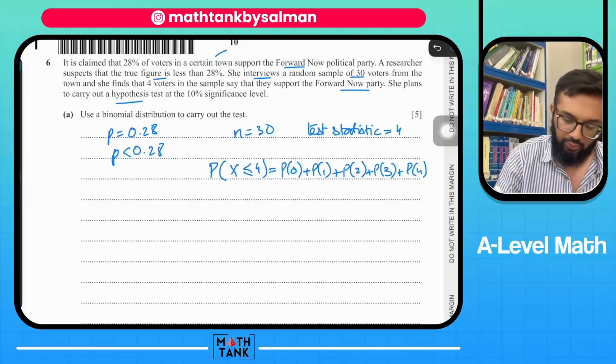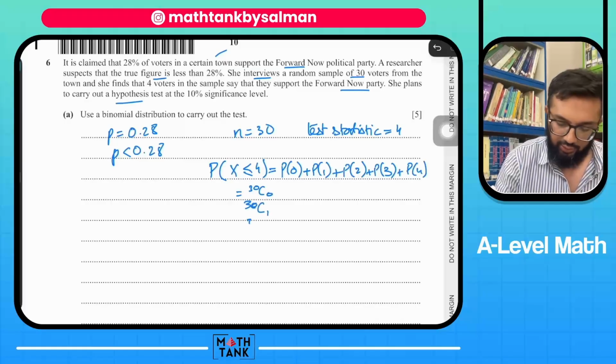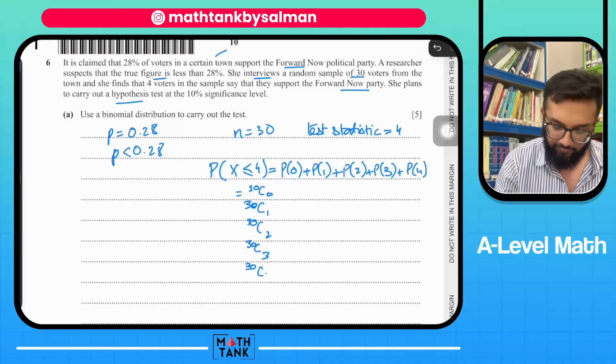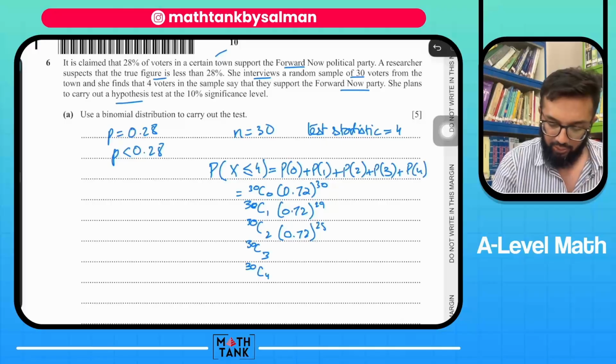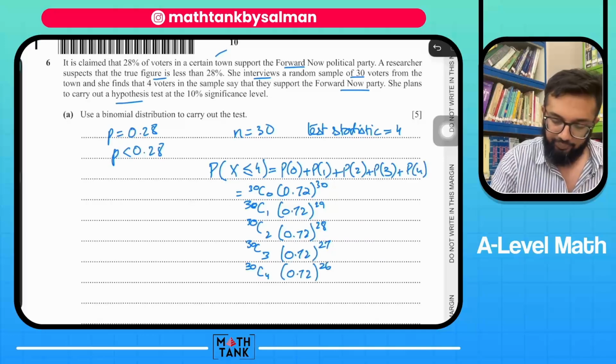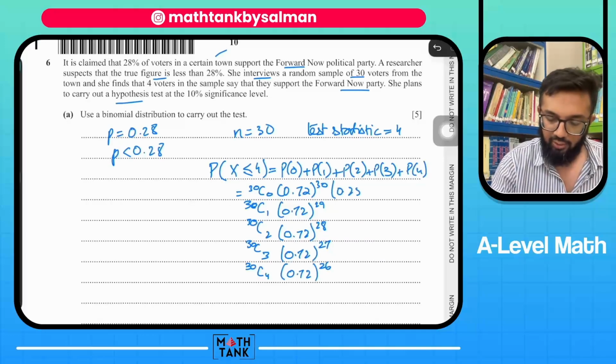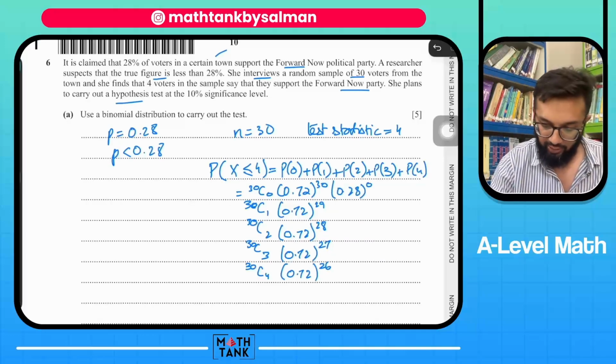So that's 30C0, 30C1, 30C2, 30C3, 30C4, 0.72 power 30, 0.72 power 29. I have to write all of this because the examiner wants working. I cannot do it without working. I'm just being quick about this, so I'm just writing it like that.